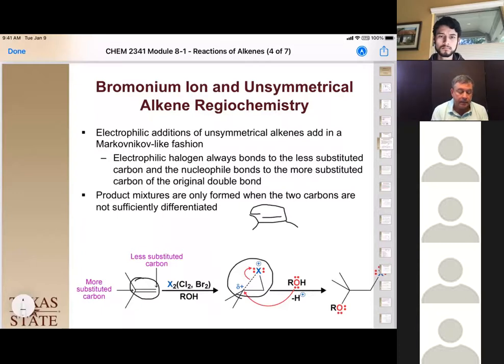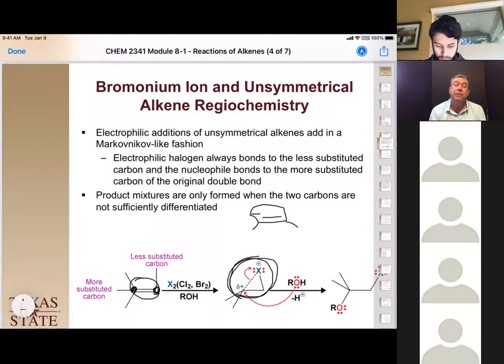In this case here, we're going to be able to form a tertiary carbocation or a primary carbocation. So that means the incoming nucleophile is going to see that the tertiary site is more electropositive, more like a carbocation. It's not a full carbocation because we have this bond to the bromine, but it's the more positive side of the bond.